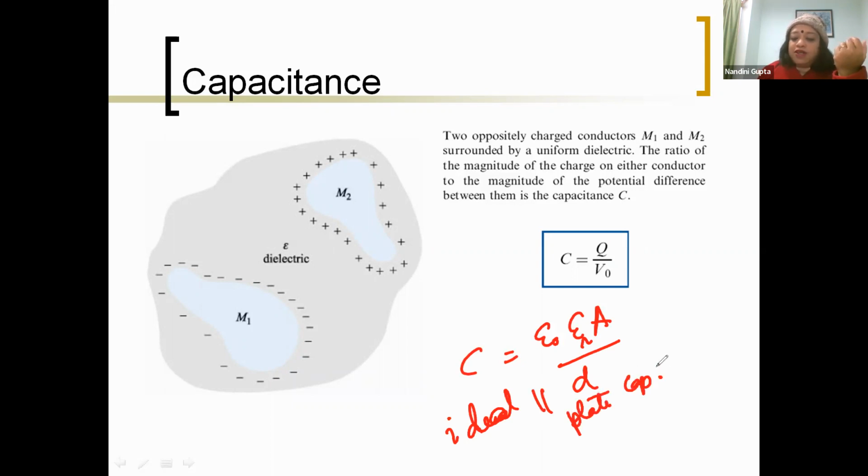You are thinking of a very idealized situation where you have infinite plates extending in all XYZ directions, and the dielectric in between is such that the electric field inside is exactly uniform. So E can be obtained as V by D. This is true for an ideal situation. This is not true for a practical situation.